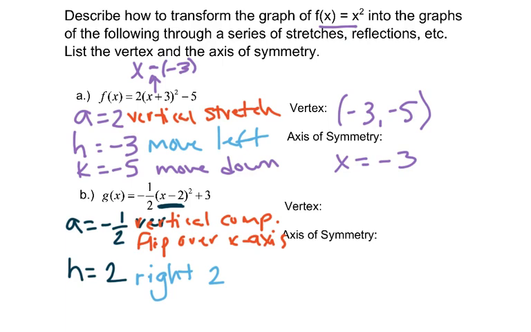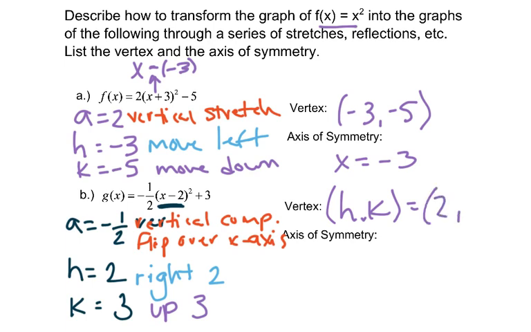And then our last value of 3 means that the k value is 3, and so we're moving up 3. And so again, our vertex is going to be h comma k, and so it is going to be 2 comma 3. And then the axis of symmetry is going to be x equals that h value, or in this case, 2.